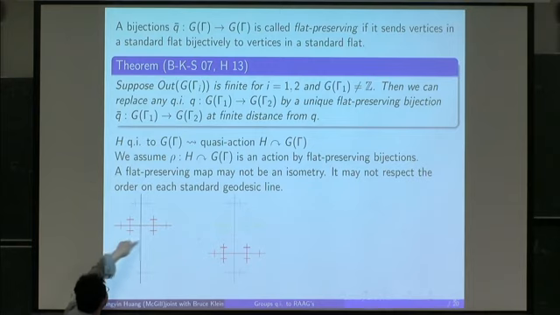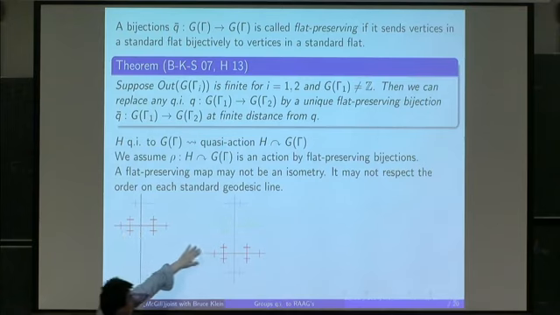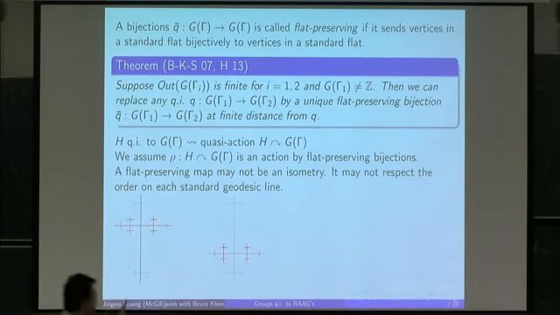And we pick this red level, and we translate the whole red level one unit down, and we fix all the other vertices. This is well defined because we only define the map on the level of vertices. So we flip two levels and fix all other vertices. It's not hard to check this is flat preserving in our definition, but you see this is not bounded distance from an isometry, and this can happen in more general spaces.